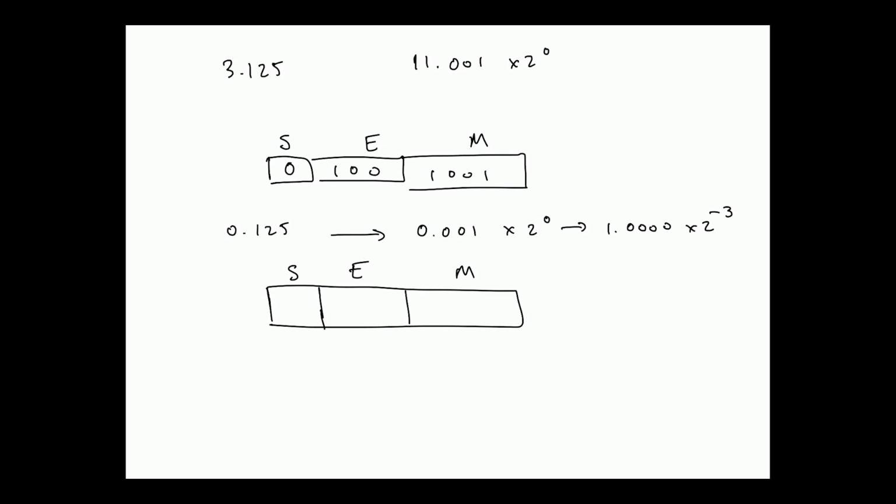Well, first off, do you guys agree with my scientific notation style writing of it? If we'll take that as given, my exponent's minus 3. What do I have to do to that? Add 3. So what's my sign bit? 0. Fine. What are my exponent bits? What is my mantissa?